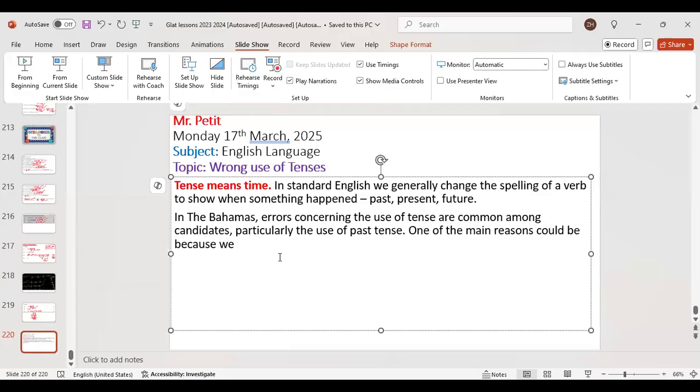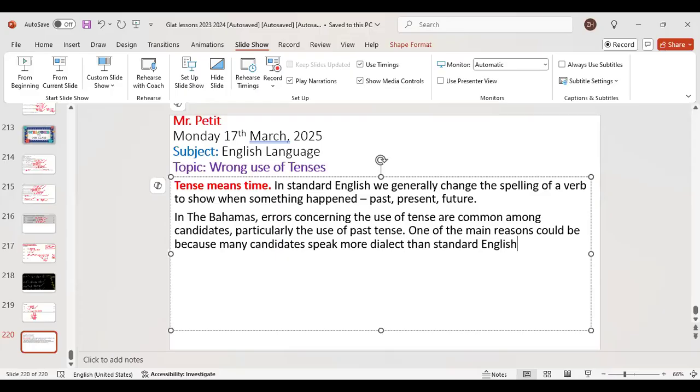It could be because many candidates speak more dialect than standard English. Yeah, than standard English.